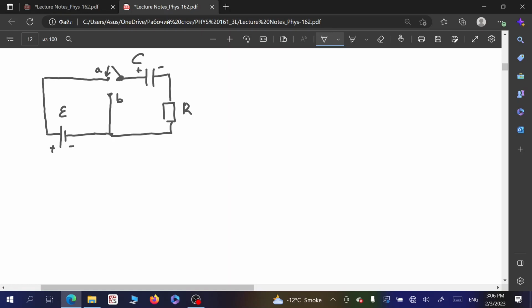What will be the maximum charge which can be accumulated at this capacitor? Or in other words, what will be the highest potential difference between these two plates of the capacitor?